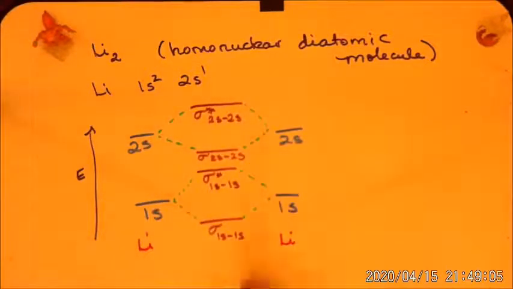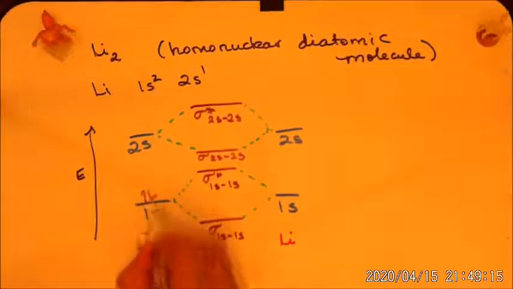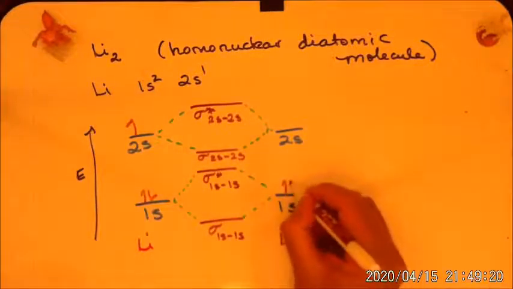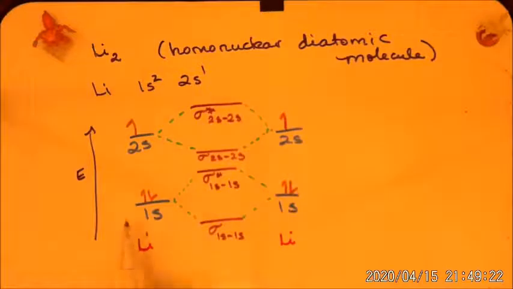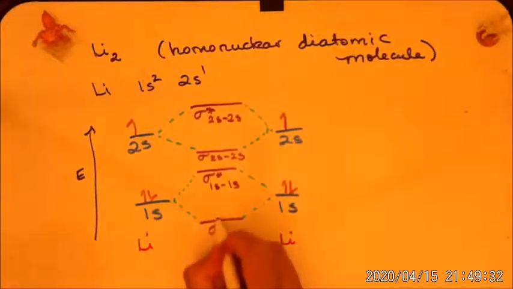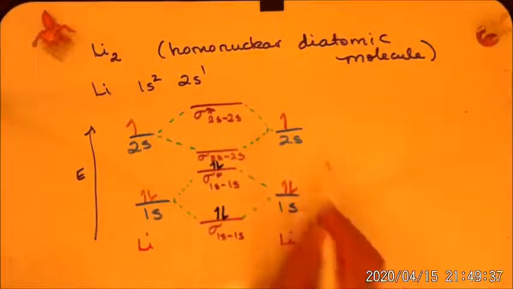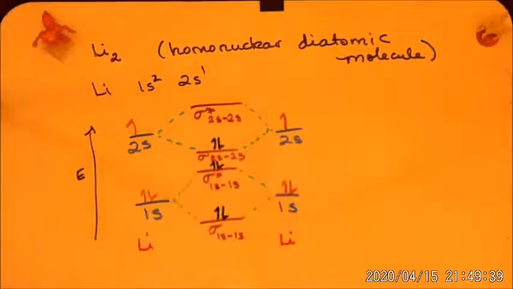Okay, so now that we've made our orbitals, we now have to look at our electrons. And if we look at our electrons, we know it's 1s2, 2s1 for each lithium. So I have 6 electrons to play with when I fill in my molecular orbitals. And when I do that, then we find 1, 2, 3, 4, 5, 6.